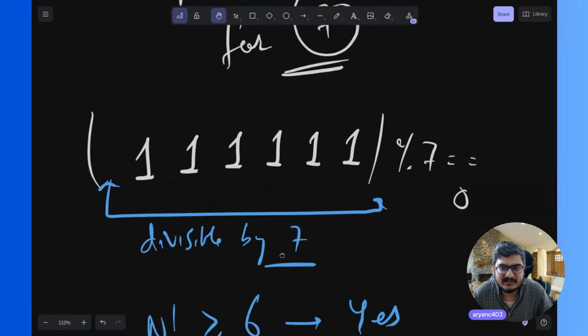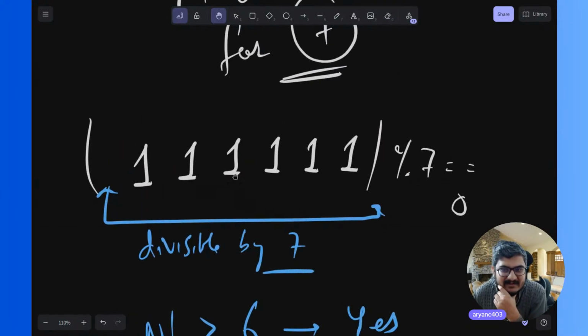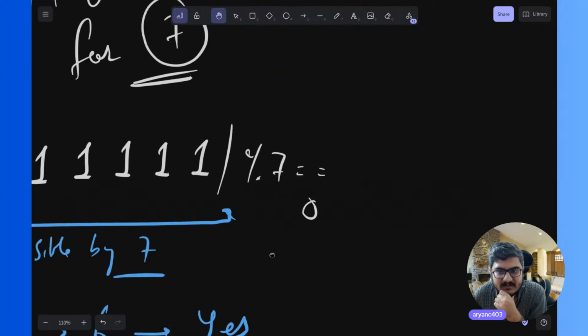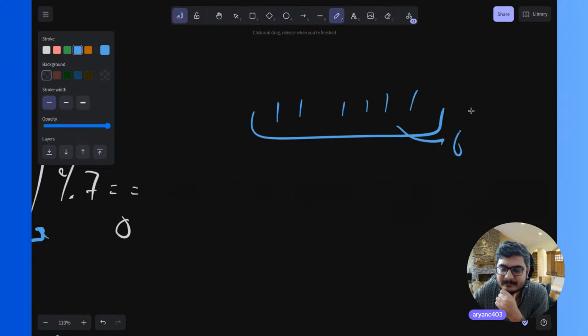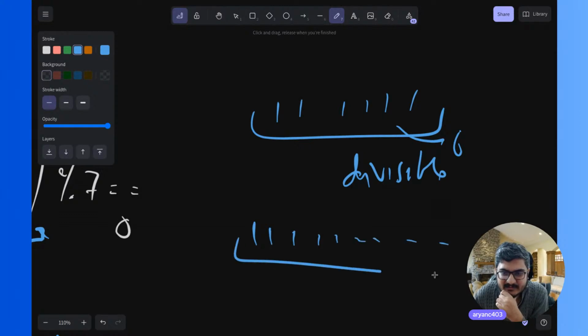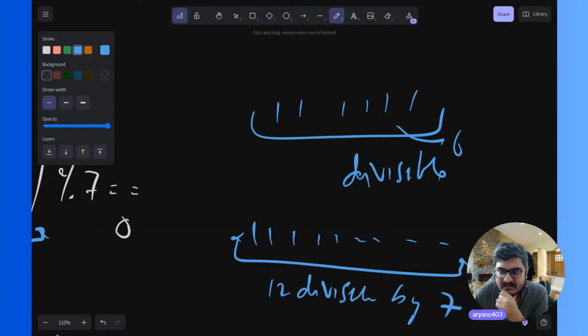The main observation here was that when you have 1 repeated 6 times, that is divisible by 7. For example, 1 repeated 6 times is divisible by 7, 12 times would also be divisible by 7, and 18, any multiple of 6, will definitely be divisible by 7.